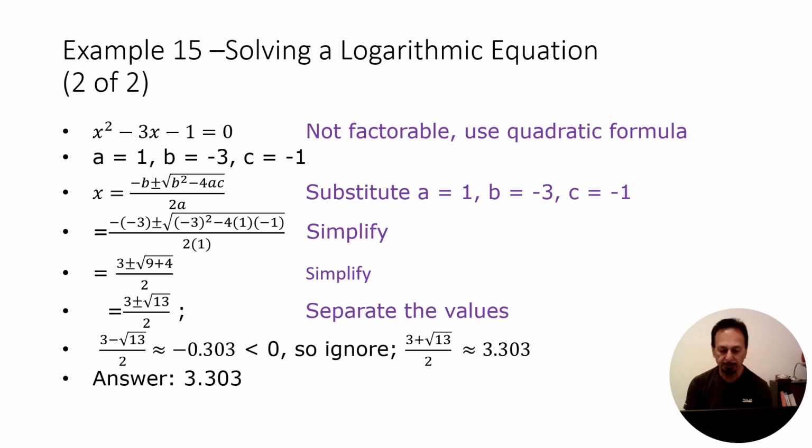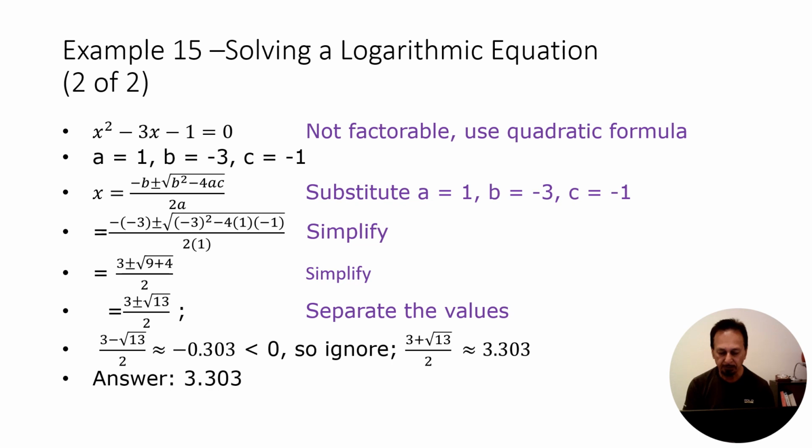And the quadratic formula is x equals negative b plus or minus the square root of b squared minus 4ac. So we substitute, with b negative, so we get negative negative 3 plus or minus the square root of negative 3 squared, minus 4 times a is 1 and c is minus 1.